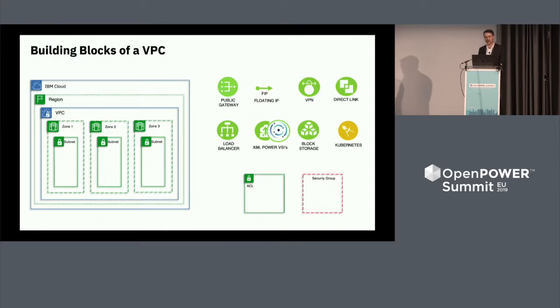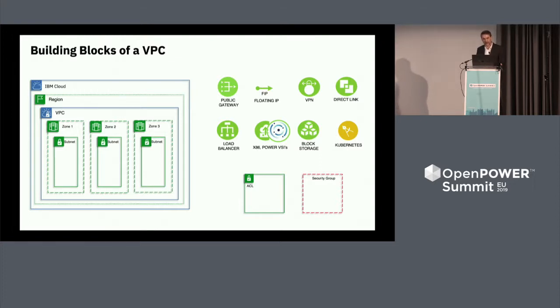So you can go from network to network directly. And there's also a load balancing feature and block storage, so you can add in data volumes, block storage, to your environment and attach them to your resources.